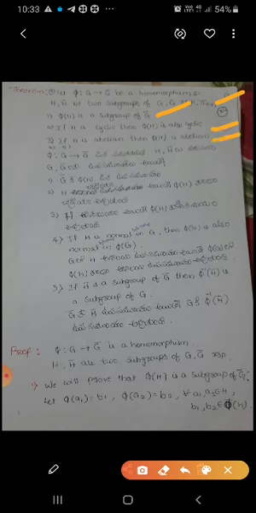Third, if H is abelian, then φ of H is abelian. Fourth, if H is a normal subgroup in G, then φ of H is also a normal subgroup in φ of G. Fifth, if H̄ is a subgroup of Ḡ, then φ inverse of H̄ is a subgroup of G.